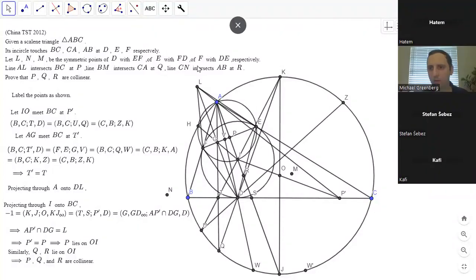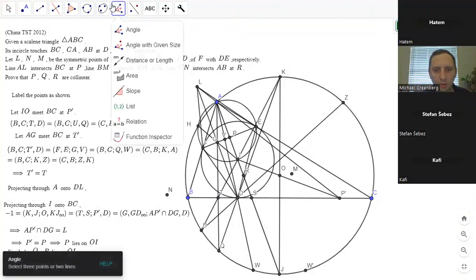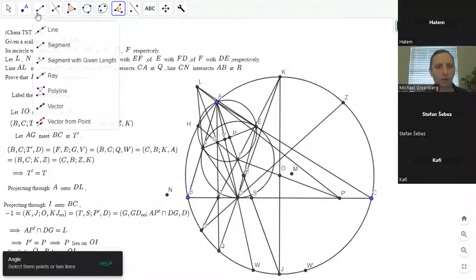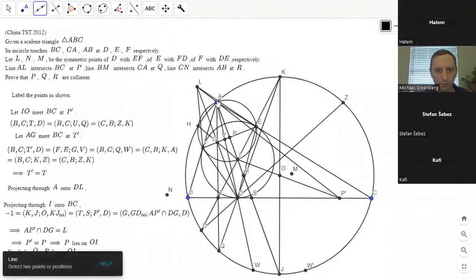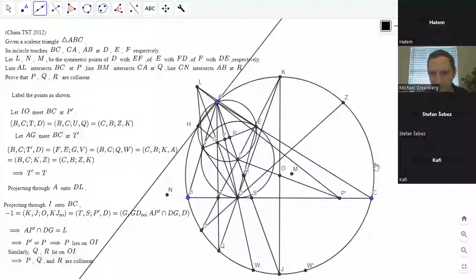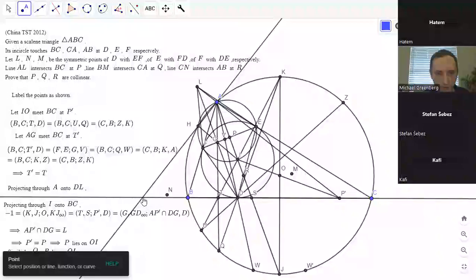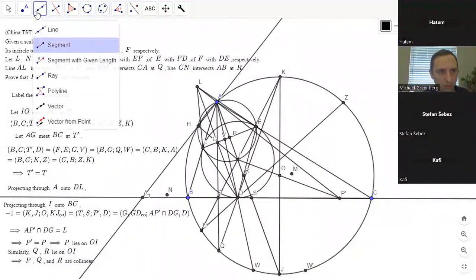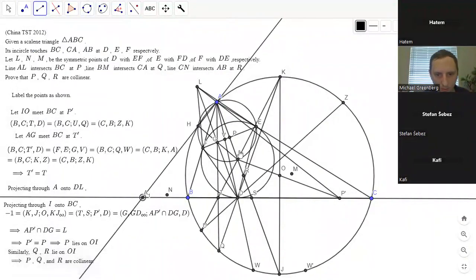Okay, so introducing the point on BC and the intersection line tangent at I, like AH and BC intersection. Okay, AH and BC. So yeah, this intersection point. Okay, and label the intersection points.